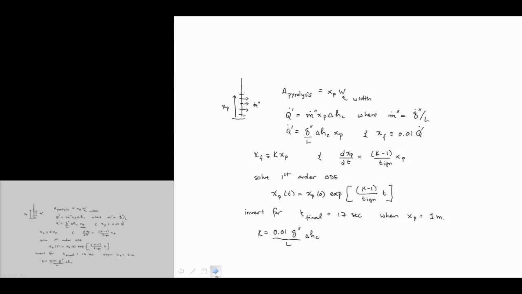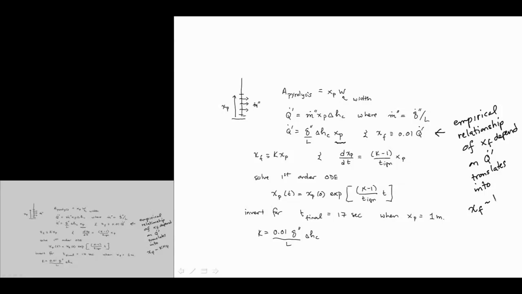And so this law of XF, or some sort of empirical relationship of flame length dependence on heat release rate per unit width, translates into the flame length, XF, not XP, XF, flame length, translates into XF being, again, proportional to XP.